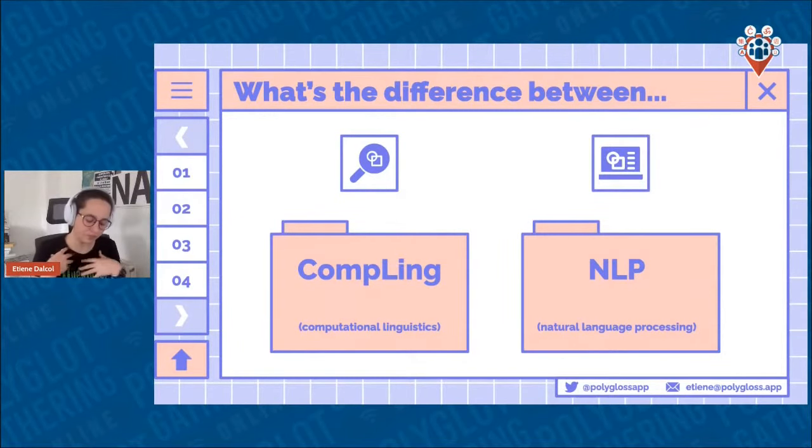For example, I could say that computational linguistics is more interested in using the computational processing methods to understand more about language, while the NLP side might be more interested in using the linguistics knowledge to create useful processing applications, right? And so it's quite clear that these two areas kind of need each other, and this is sort of how they come to be used very often as synonyms.